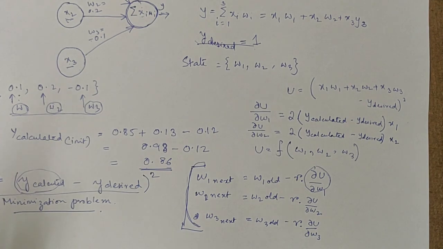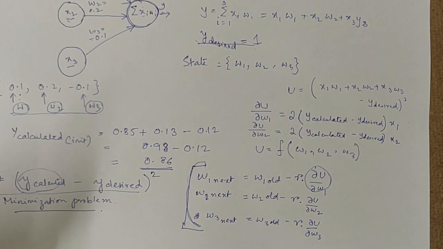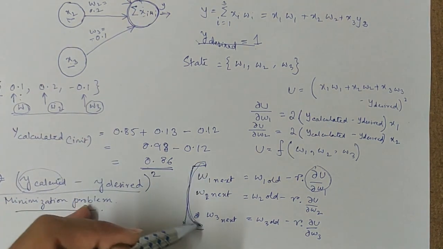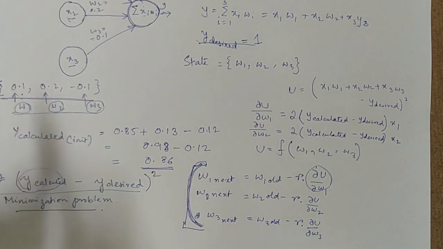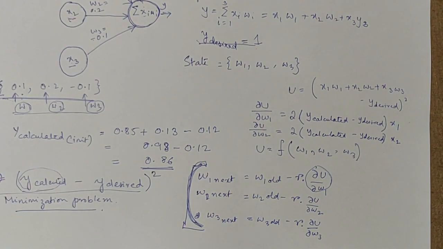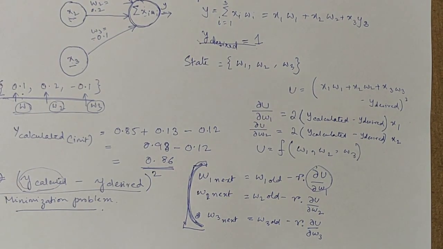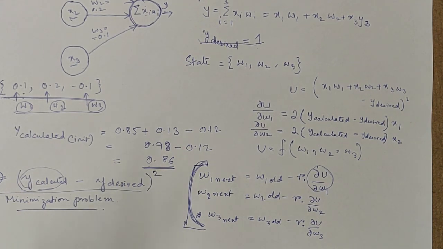You can do this by hand, and you can write a simple C program which implements this in an iteration. Start from these weights, give the values of x1, x2, x3, and see in 3 or 4 iterations you will find that the weights have converged such that the y calculated is almost 1.